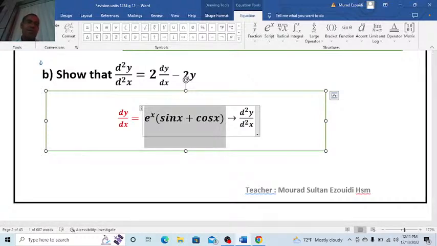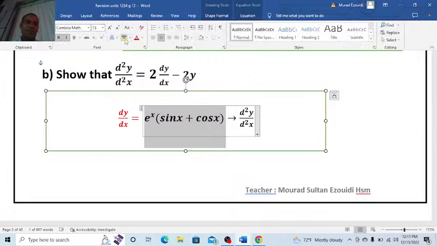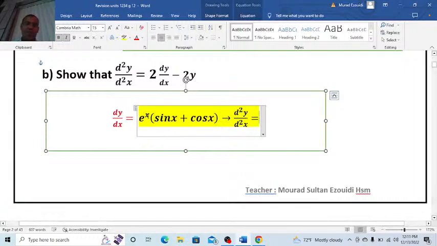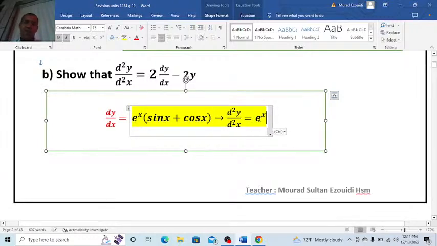Okay, this one is equal to what, my learners? The first derivative of exponential is exponential, no change. Exponential of x multiplied by sine x plus cosine x will remain the same, no change.